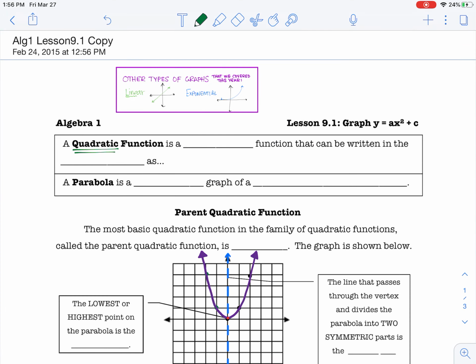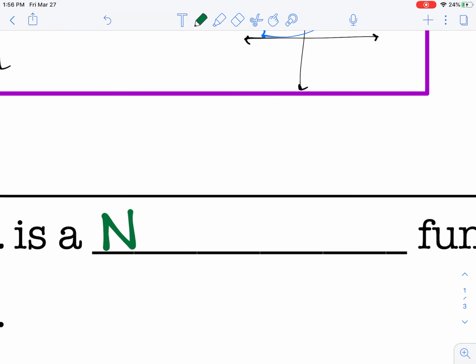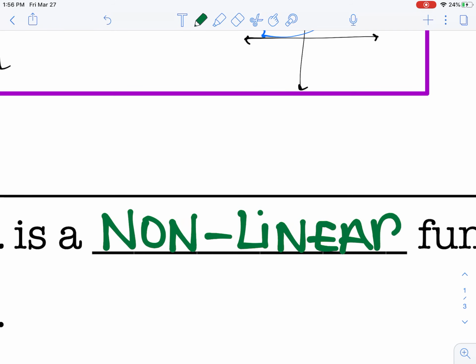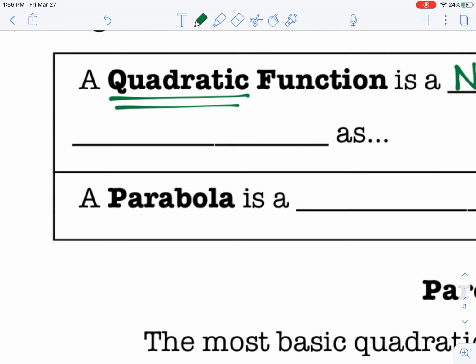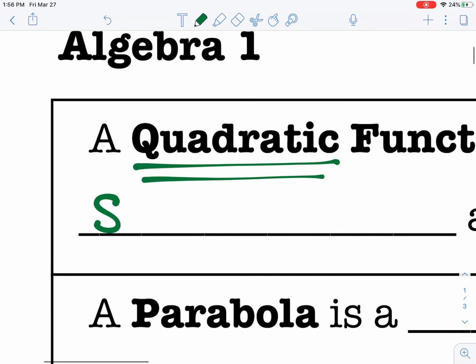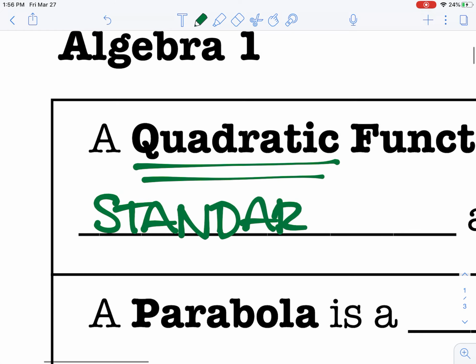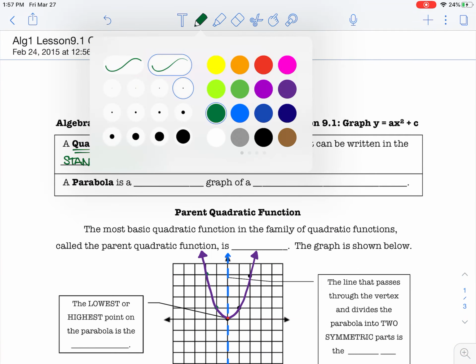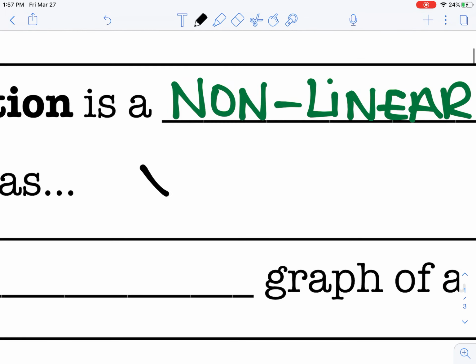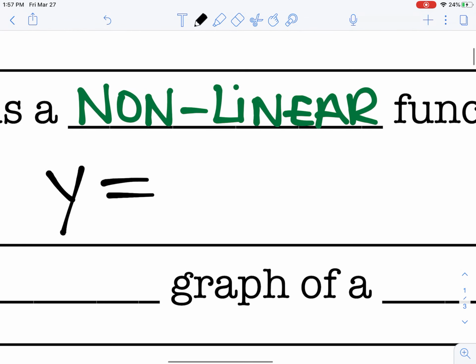All right, so a quadratic function is nonlinear, and it can be written in standard form. We've looked at this before, but we're going to use it quite a bit in this chapter.